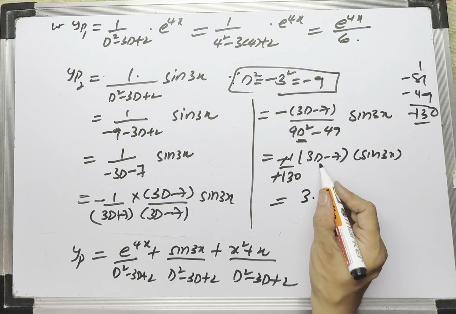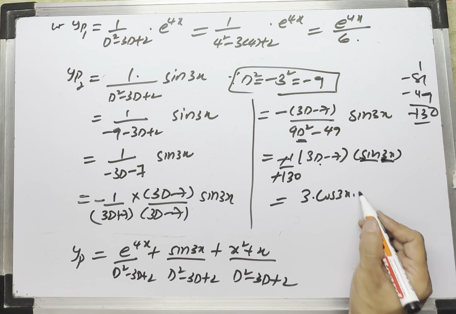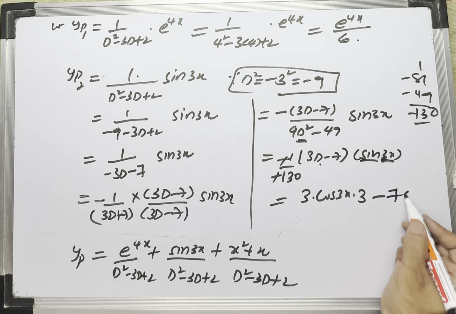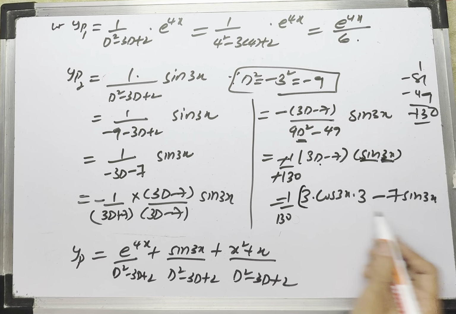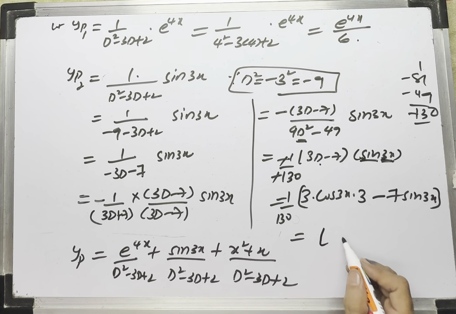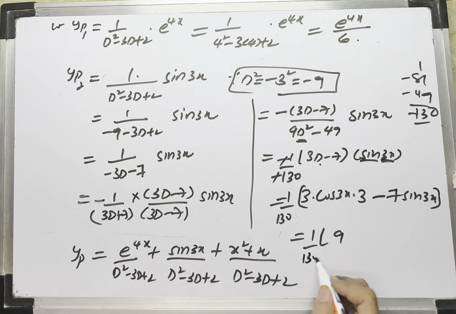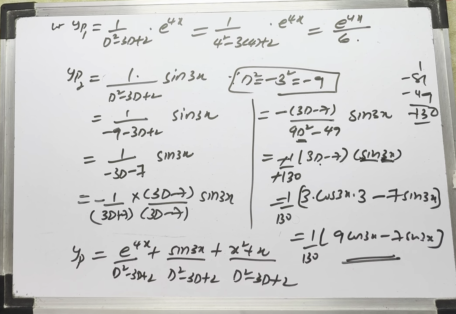So 3 times the derivative of sin x, which is cos x, into the inner function derivative 3, minus 7 into sin 3x, whole divided by 130. So you can conclude this by writing 1 by 130, 9 cos 3x minus 7 sin 3x. This is yp2.